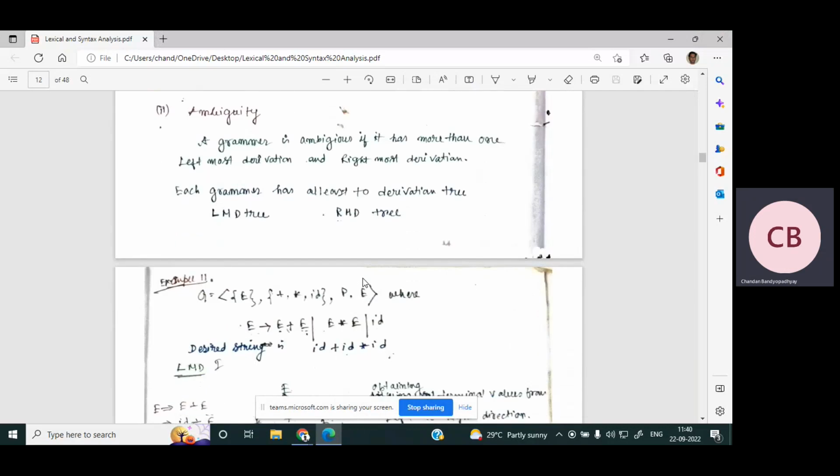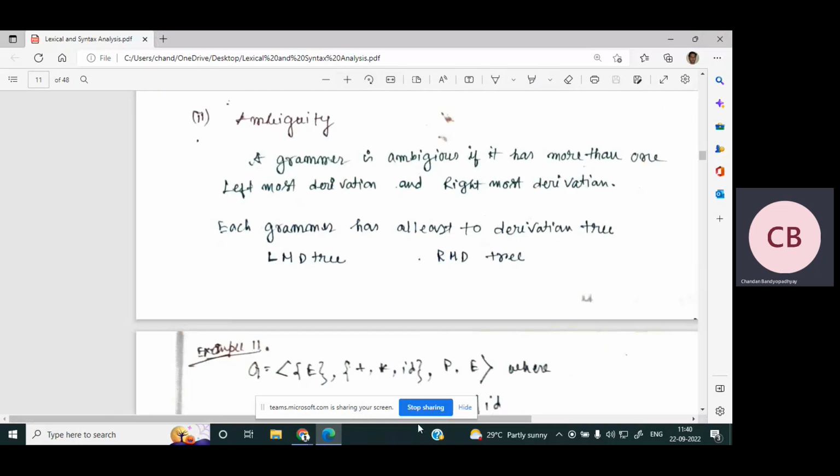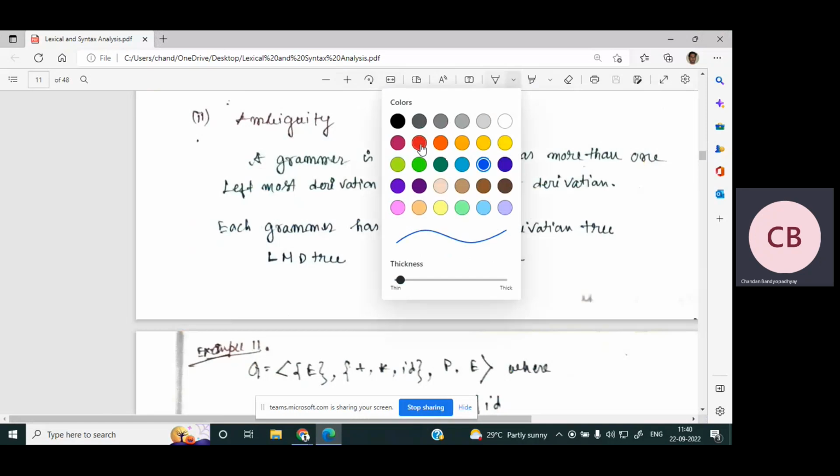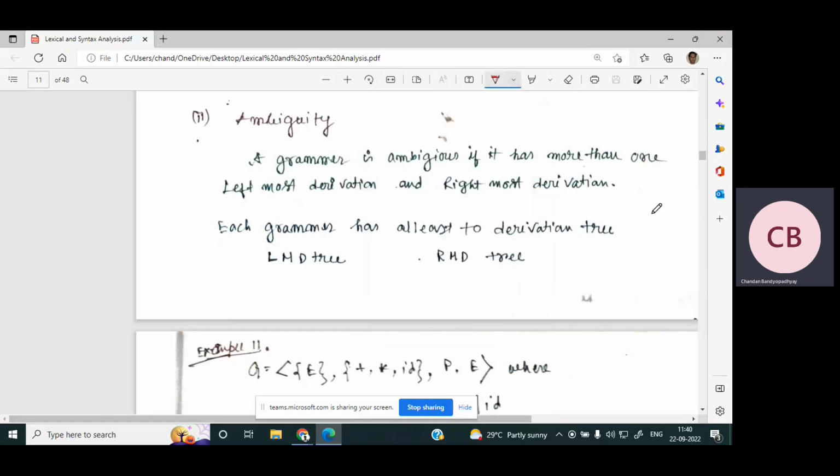Before entering into the specific segment of syntax analysis, like we covered the fundamental part on lexicon analysis, here also some preliminary knowledge is required. The first point that we need to cover is called ambiguity. Ambiguity means, let this be a red dot and this also be a red dot.